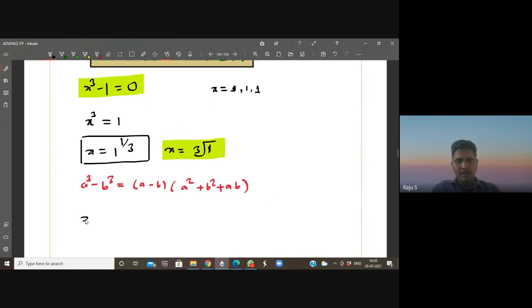So this x cube minus 1 equal to 0, I want to write as x cube minus 1 cube. It is in the form of a cube minus b cube. Shall I write x minus 1 into x square plus 1 plus x into 1 is equal to 0?